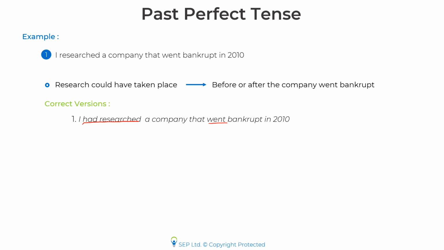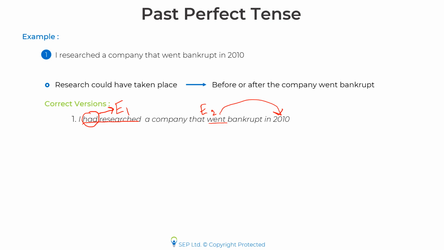In any case, for the second event, we are already told when it took place. This shows us that had researched is event 1 and went is event 2. So we use the past perfect had researched to indicate the first event. This sentence now tells us very clearly the sequence between the two events.